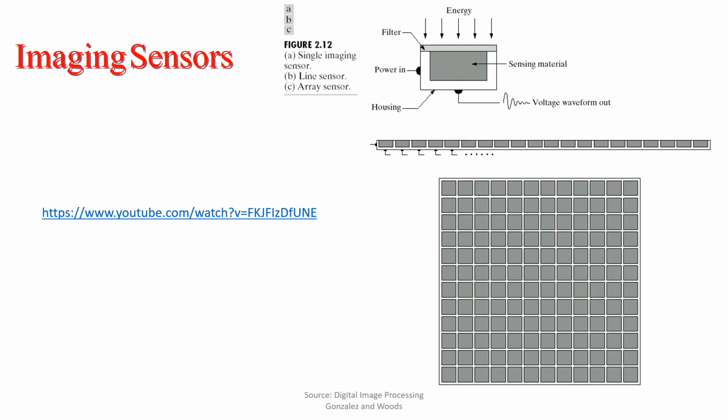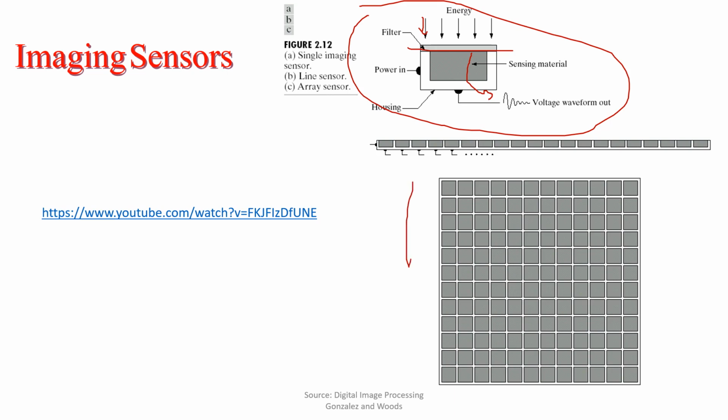Here you can see this is a single imaging sensor, in which the light falls on this particular filter and gets converted into voltage. In digital cameras, they use arrays, which are a collection of single imaging sensors. It's a collection of all these types of sensors, and the light is converted into electrical pulses, and then image formation takes place.